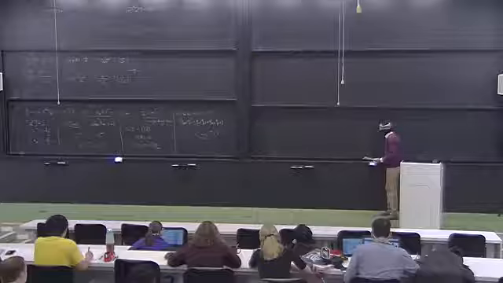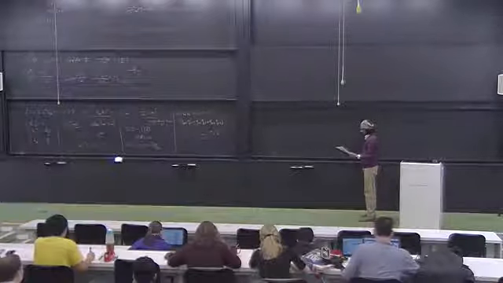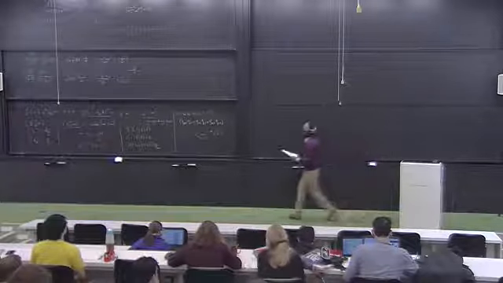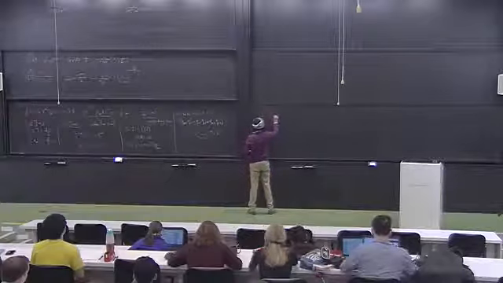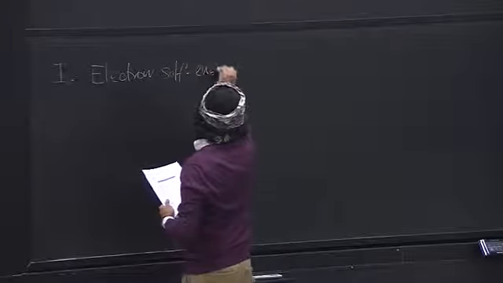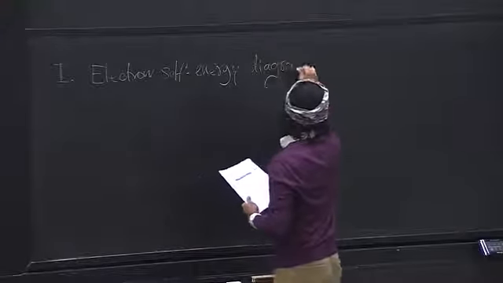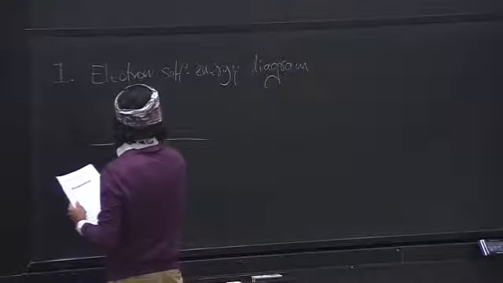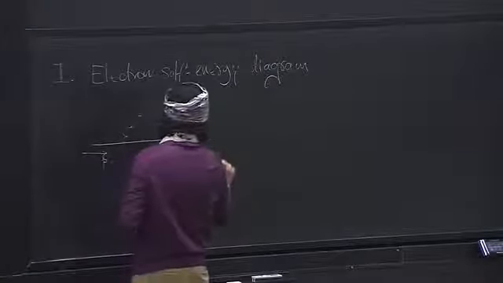Okay, so let us look at the divergent diagrams now. So first, the electron self-energy diagram. So this is something like this. You have some momentum P coming in, some momentum P going out.